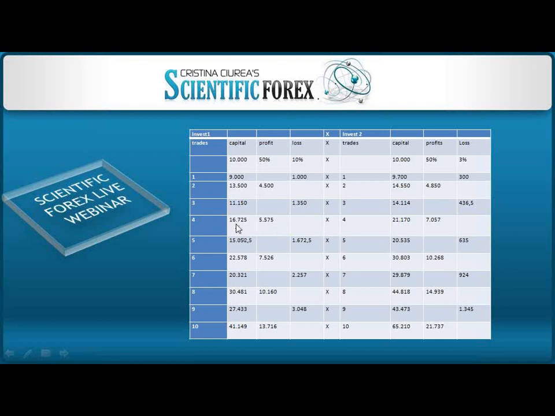On the next trade, he will be happy again. He will have 50%, and his equity will be $16,725. But as he used to do, the next one will be a losing trade, and he will put the stop loss at 10% of the equity. He will lose 1,672.